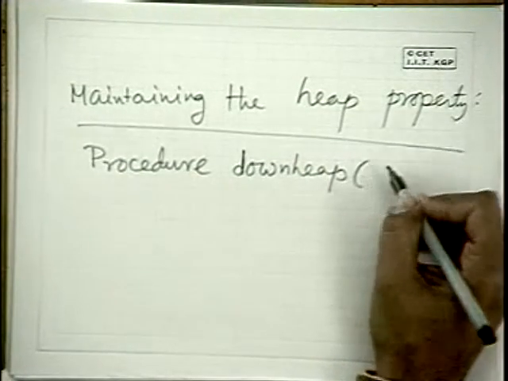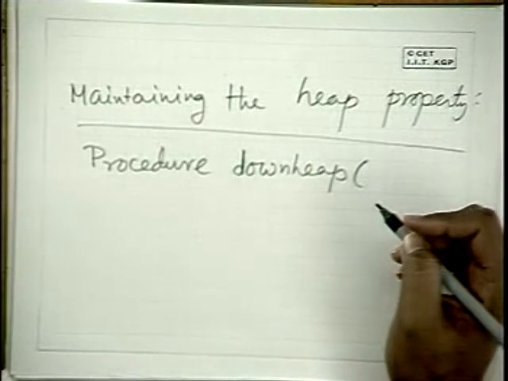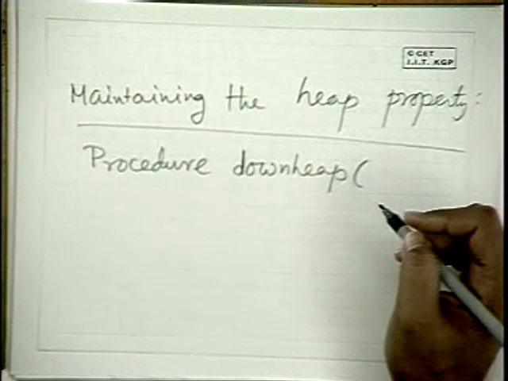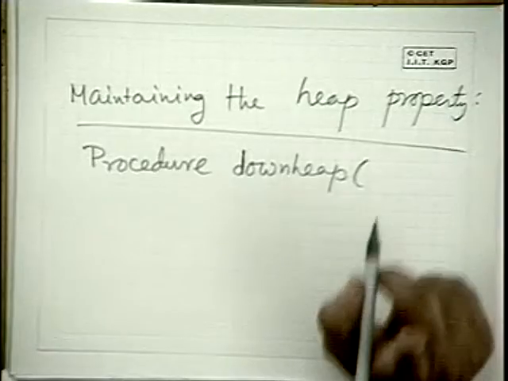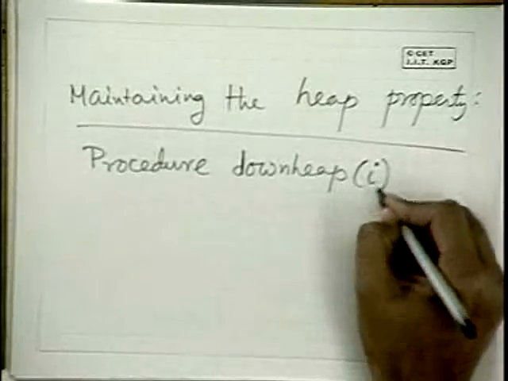Now see, I'll be using recursion here. So that's why I am not calling the function down heap on the root, index 1, but on any general I. Basically, you call this function with argument 1. So this is a general index, down heap I.